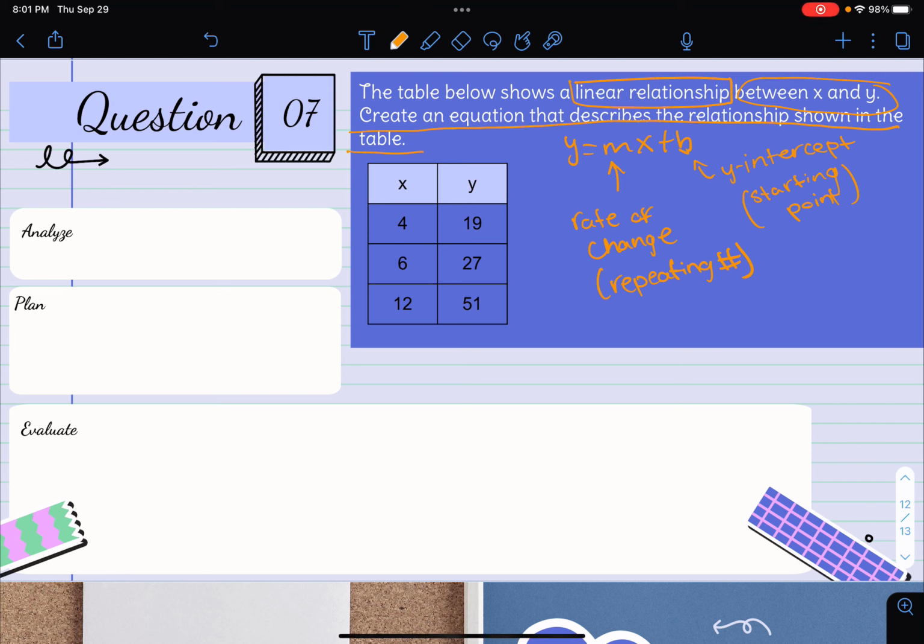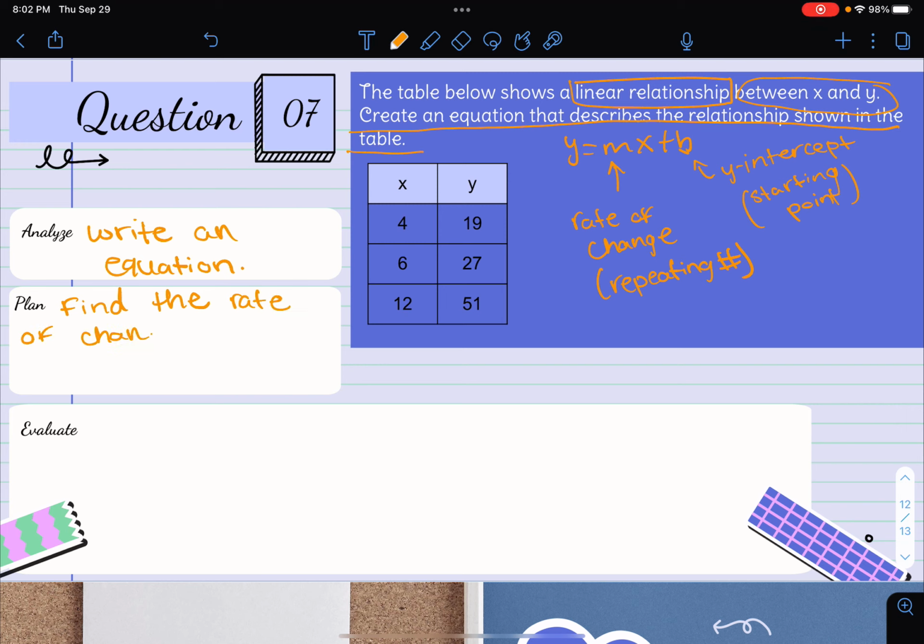Okay. So we analyze, we're gonna write an equation. Okay. And so our plan is gonna be to find the rate of change and then write our equation.